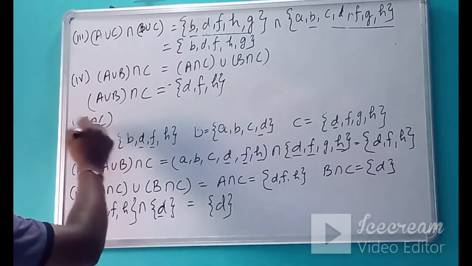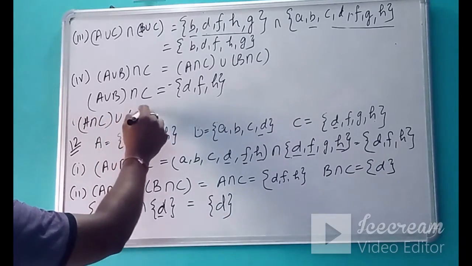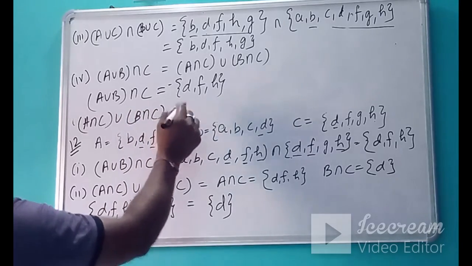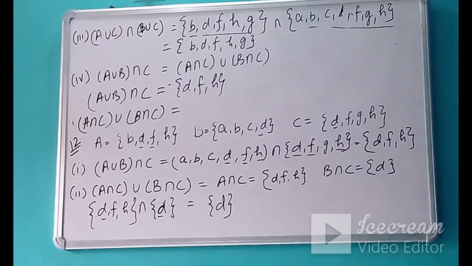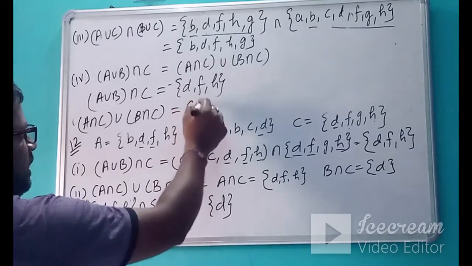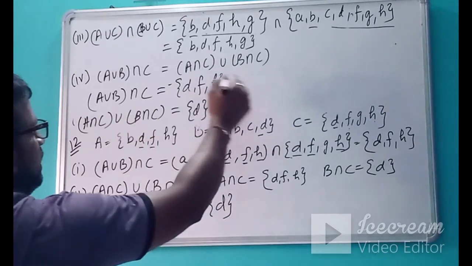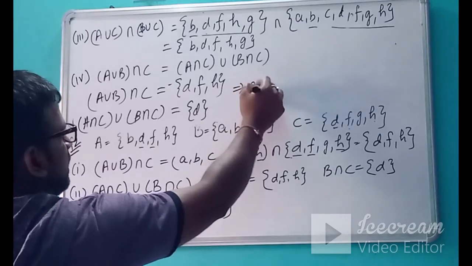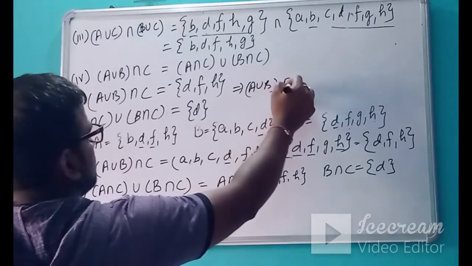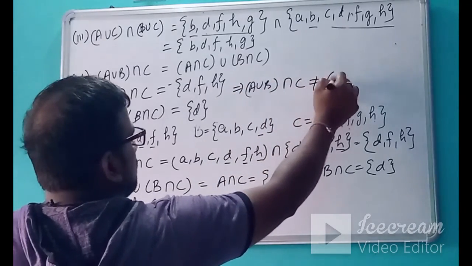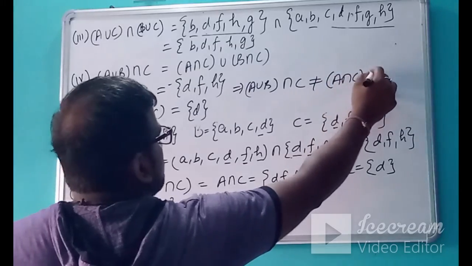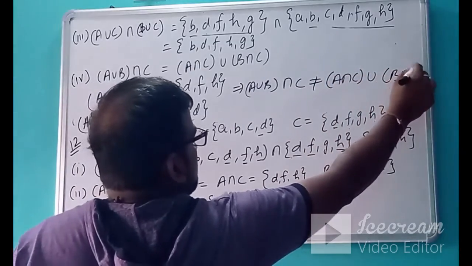A intersection C union B intersection C. The answer was D, and you can see very clearly, so we can write that A union B intersection C is not equal to A intersection C union B intersection C.